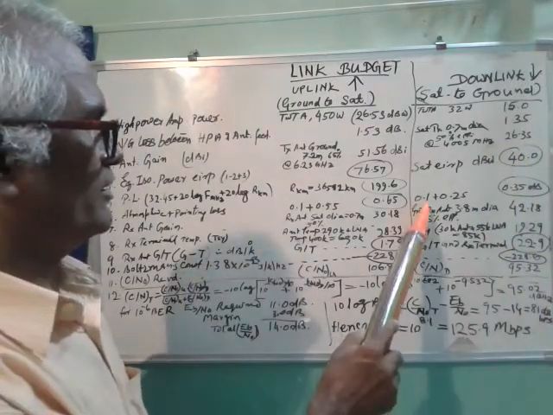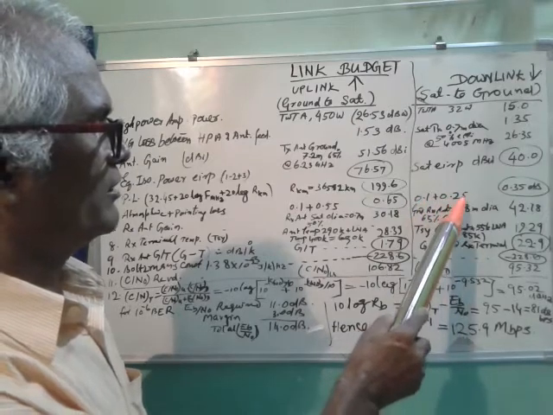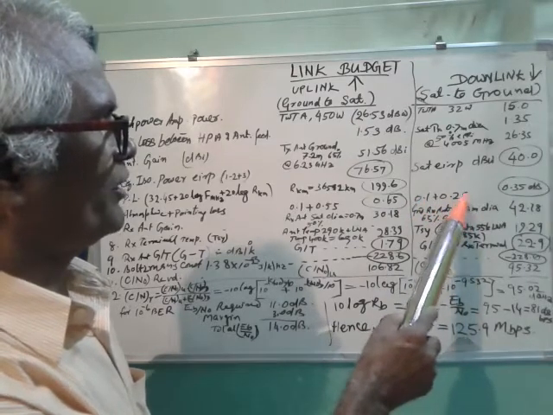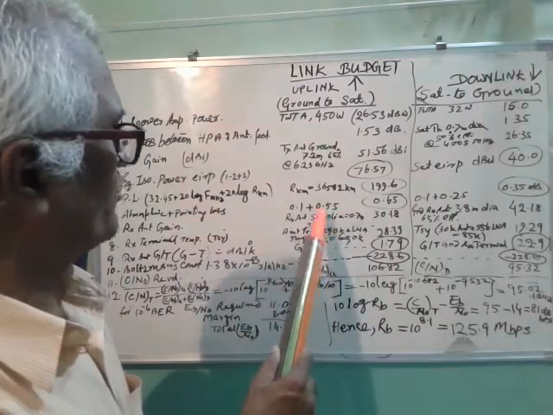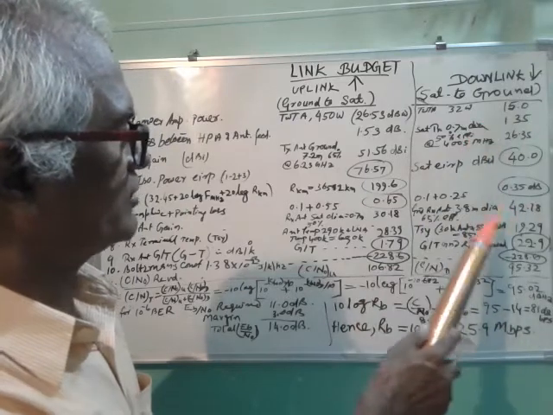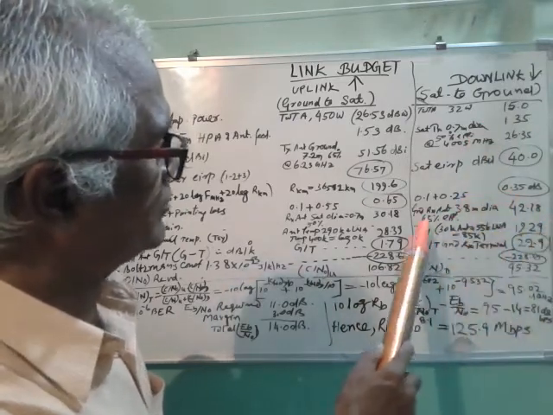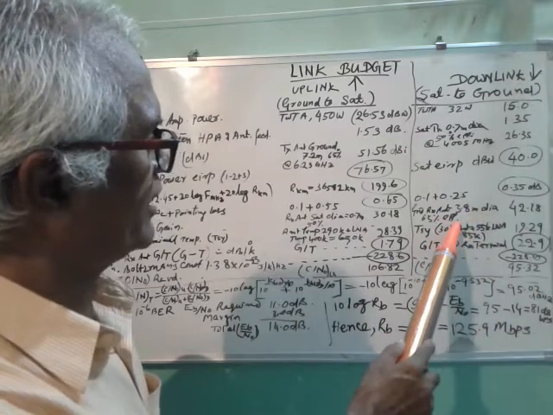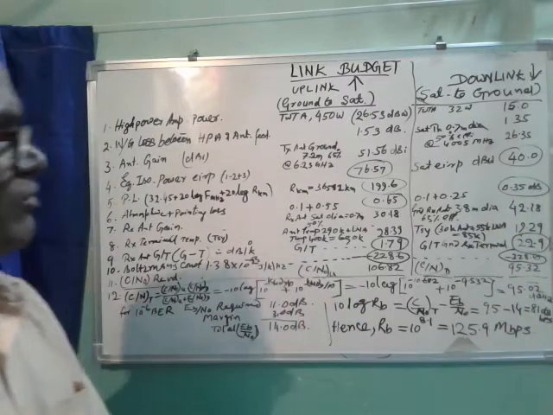And the loss: atmospheric is 0.1 and pointing loss will be 0.25. Because here it was a higher antenna, there it was 0.55. Here it is a lower diameter antenna, 3.8 meter. That's why here we assume 0.35 dB. And the ground receive 3.8 meter diameter antenna, 65% efficiency, gain will be 42.18.